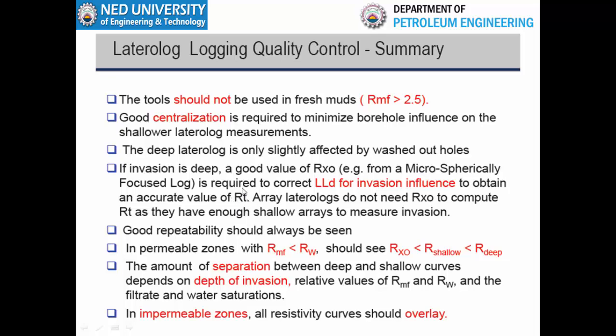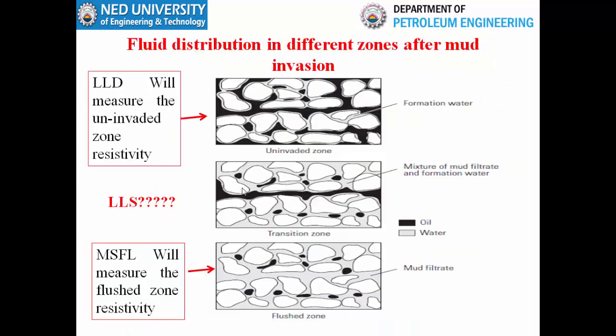Obviously, when you have deep invasion, which means the mud has penetrated inside the formation, the LLD value will also be affected, because every tool has some limitation. They cannot measure the reservoir properties infinitely. They will measure the reservoir properties to some extent, for example, let's say 4 to 6 feet.